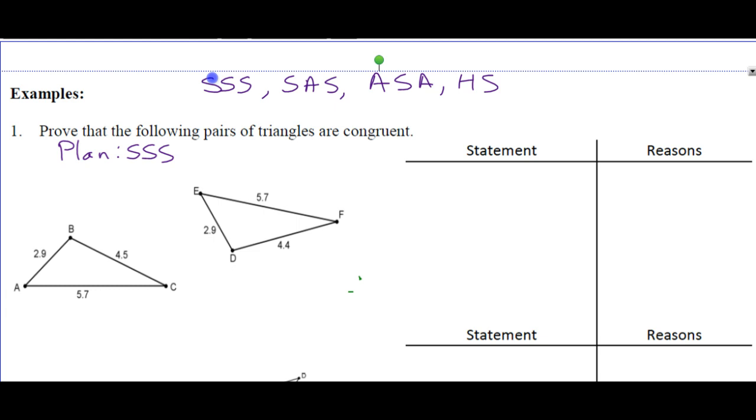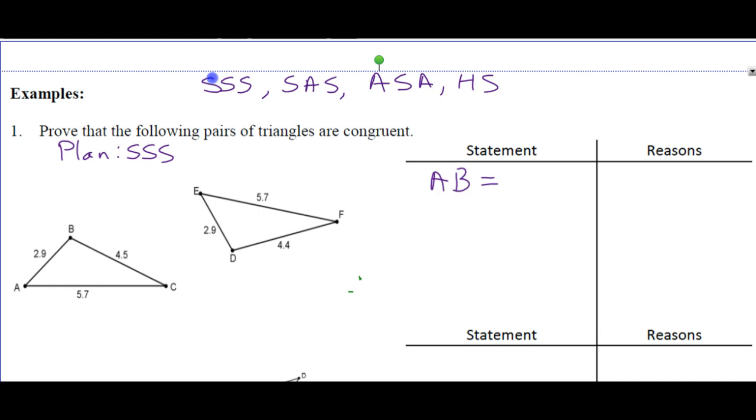So we'll say, line AB is the same as what? Well, really it's ED, because AB is coming from the 5.7 side to the 4.5. Oh, wait a sec. That's 4.5 and that's 4.4. Uh-oh.